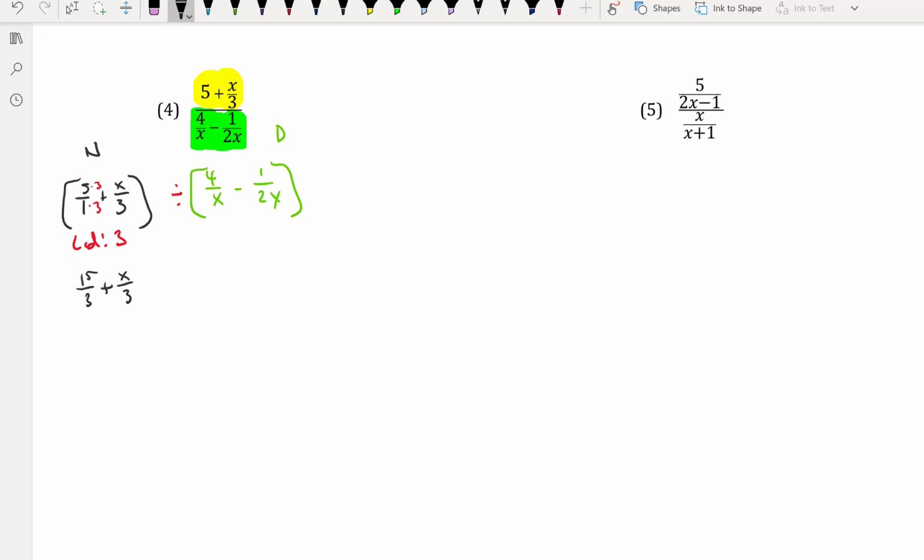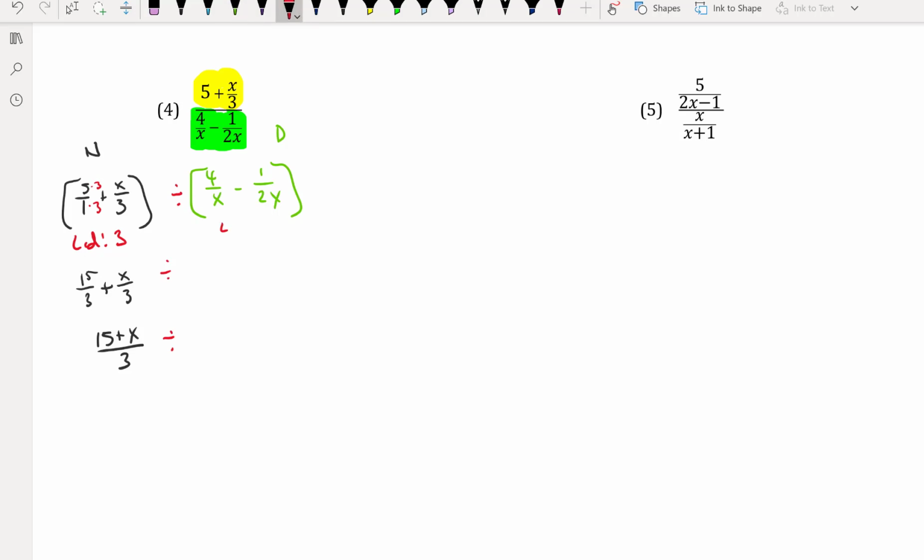The denominator there is 3. So now this numerator becomes 15 plus x over 3. And I still have the division that I'm dealing with. Now that I have that simplified, I'm going to deal with my green fraction.